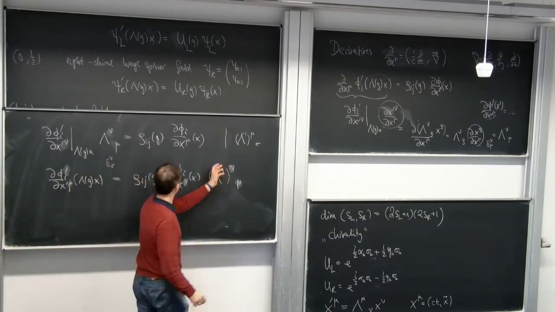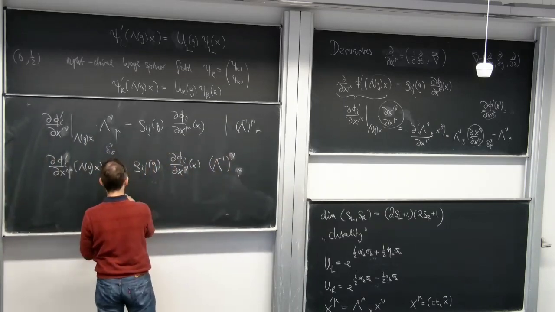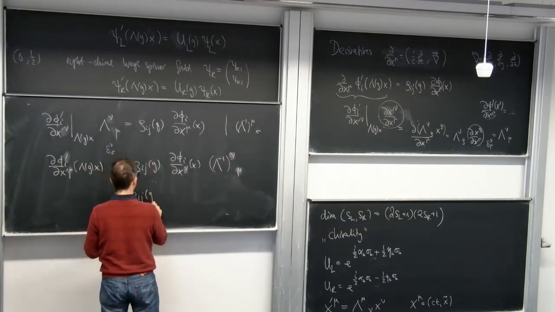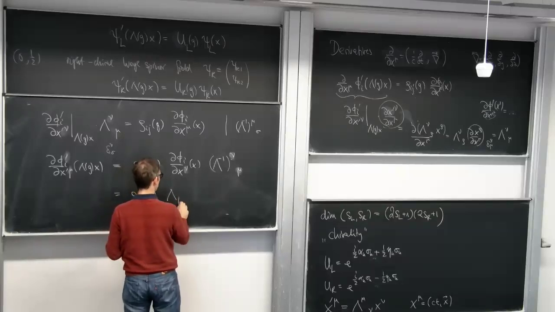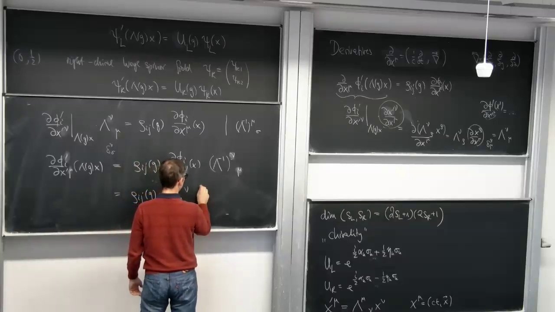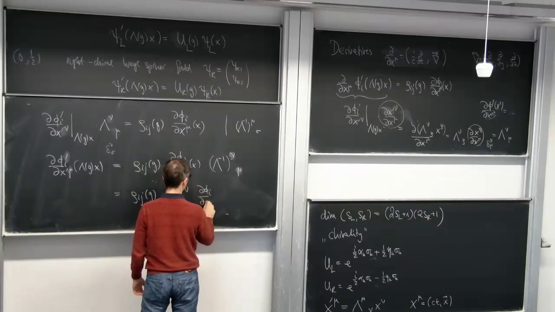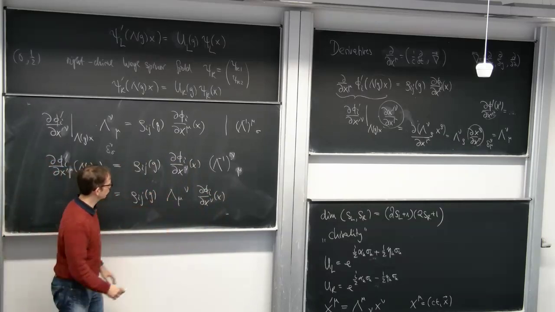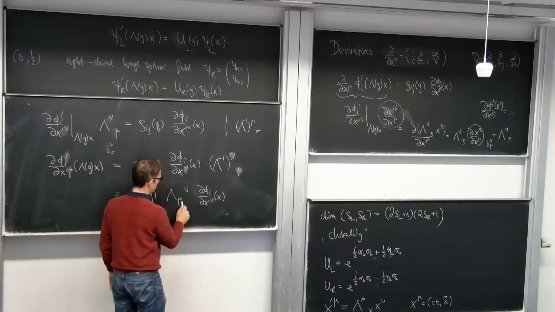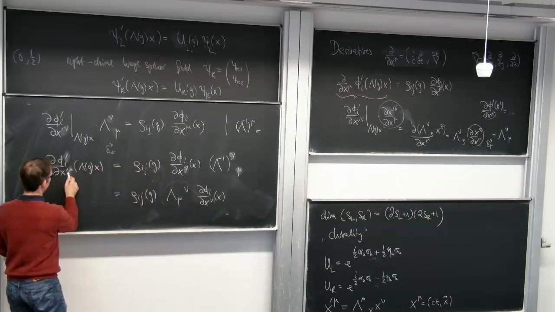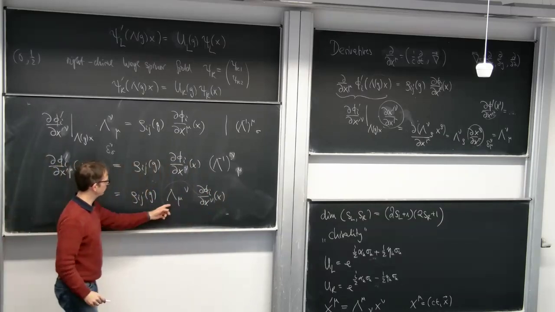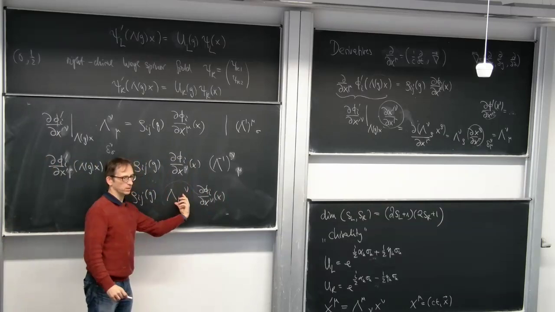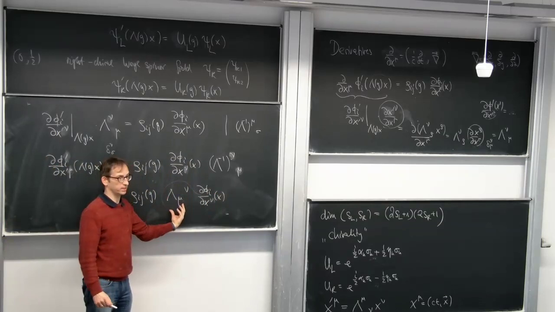Putting the indices around, this is lambda mu, d phi I by dx mu at x. Boom. So you have these two versions. And this now shows that the index that came with the derivative transforms covariantly, like a lower index.